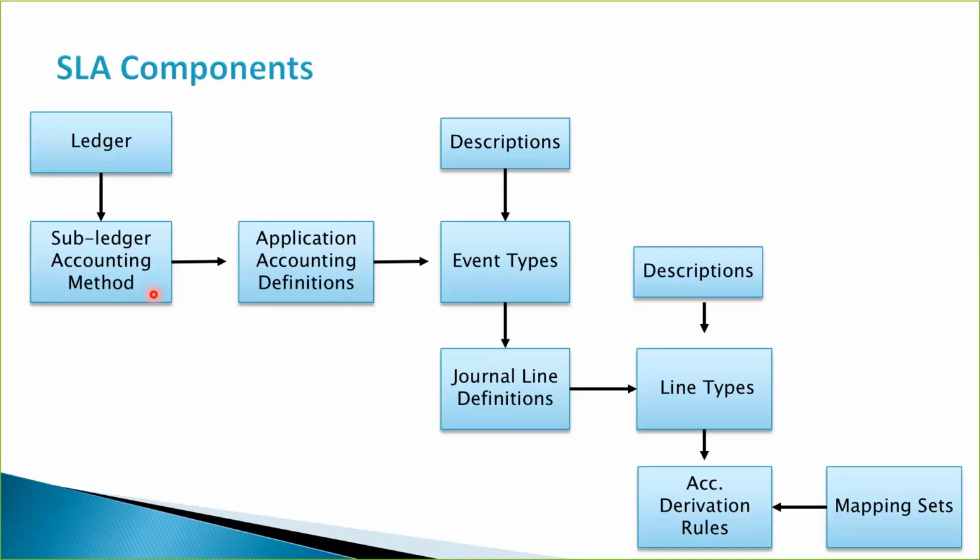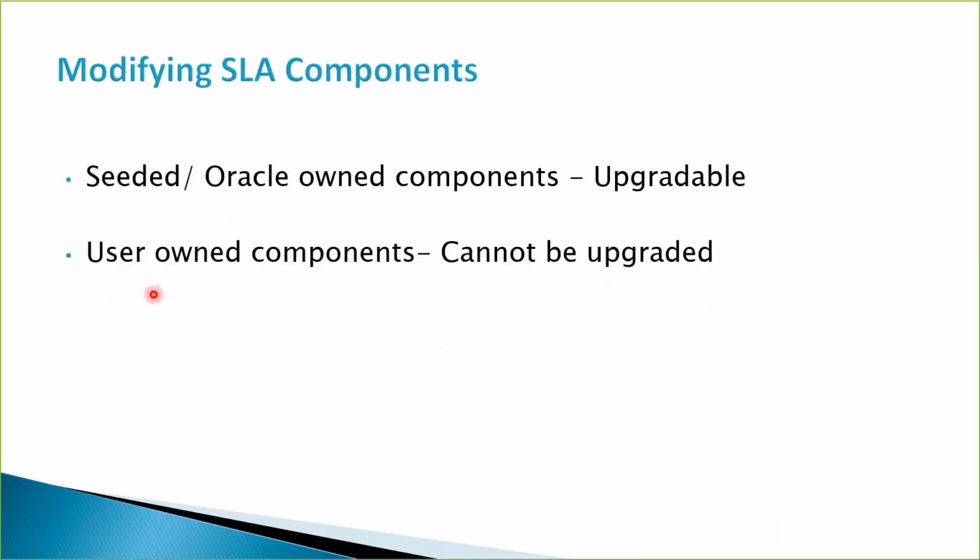So if you cannot make any changes to those components, how can you modify them to suit your needs, or how can the company modify them to suit their accounting needs, how they want the accounting to be created? The way we do that is that we copy those Oracle-owned components.